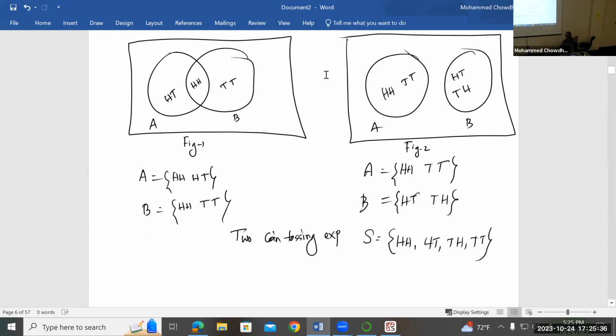How about that boy? Figure 2. How about this boy? Figure 1. Okay, how about you? How about this girl, the quiet girl who doesn't want to speak much? Figure 1? Okay. Tell me the rationale. Why did you choose figure 1?